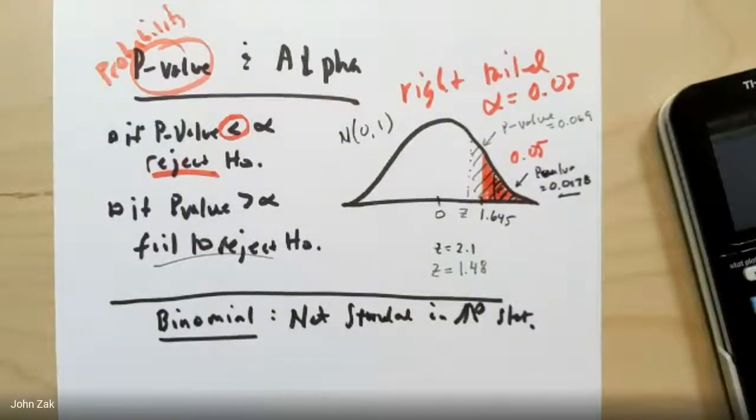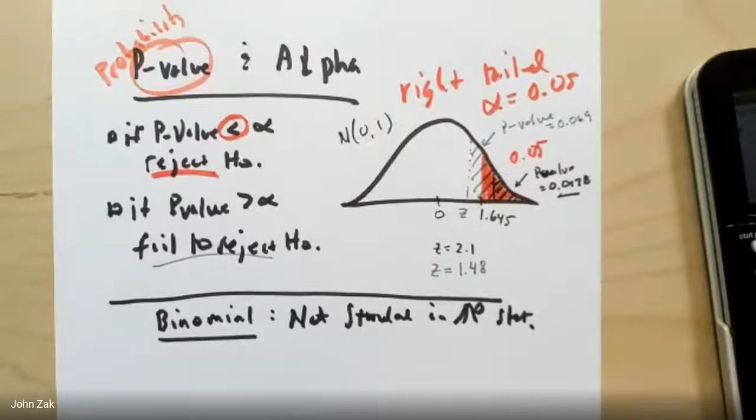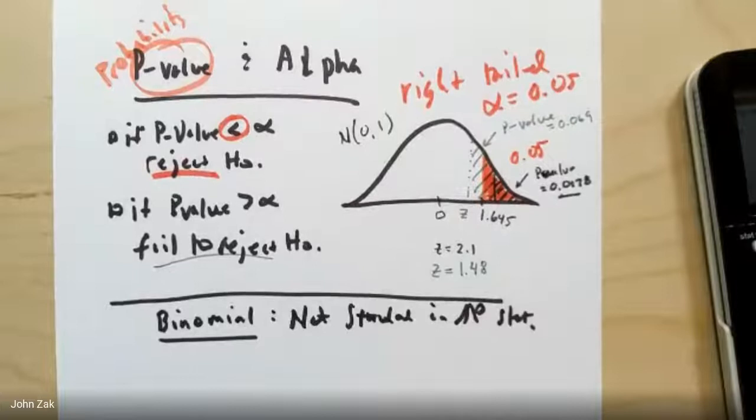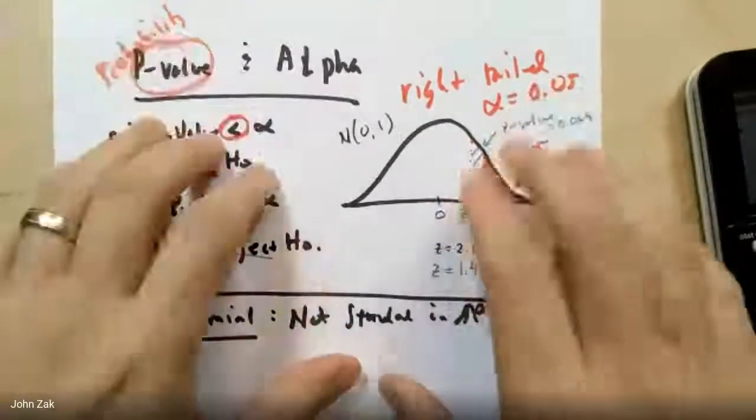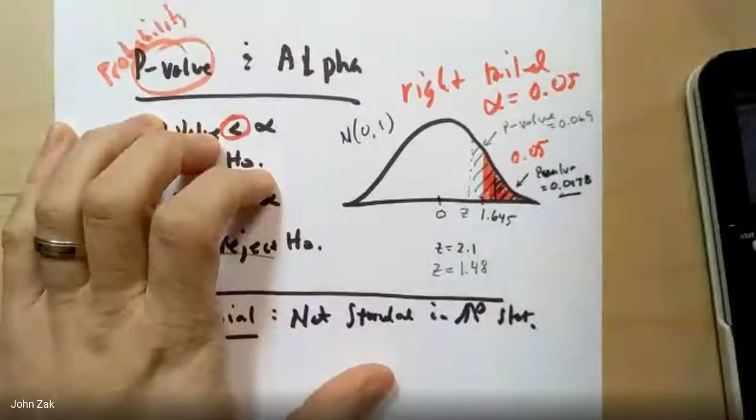Do you still have questions about p-values and alphas? Oh, great, Judy, I'm glad. That makes me happy. Anyone have any other questions about statistical stuff that I could try to answer now? I'm ready to answer your questions.